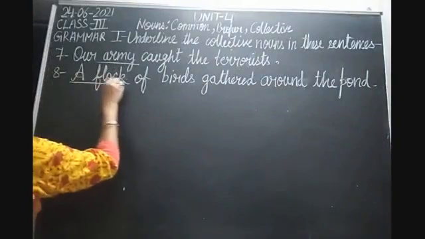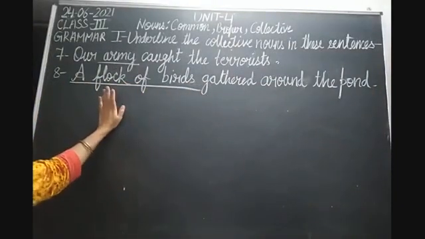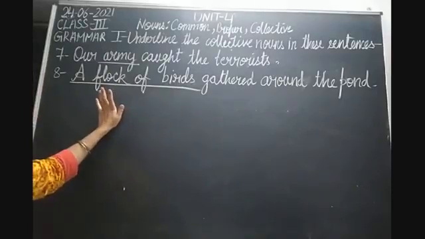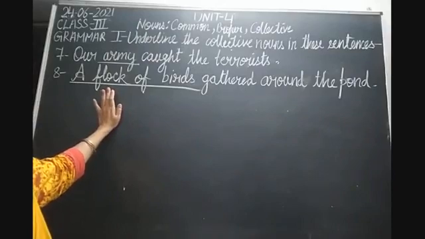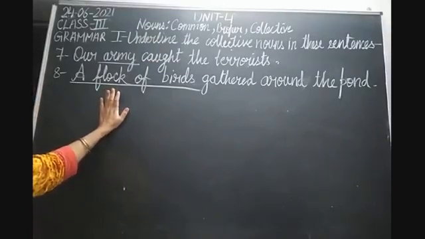So which is the collective noun? A flock of birds. बहुत सारी birds के झुंड को हम उसके लिए कौन सा collective noun use करते हैं? Flock. So underline a flock of birds gathered. Gathered means इकट्ठा होना. Gathered around the pond.